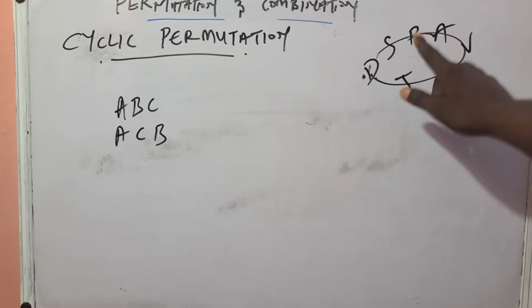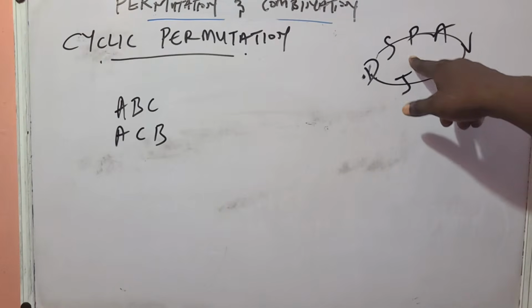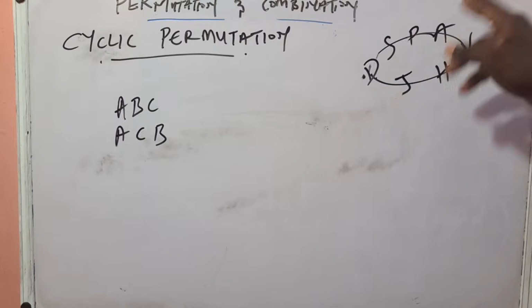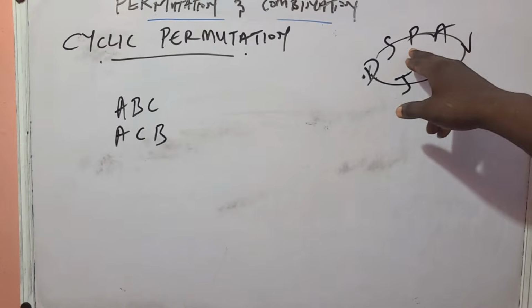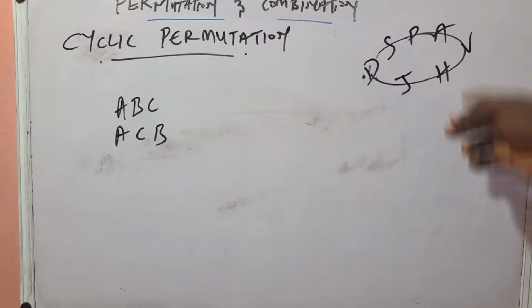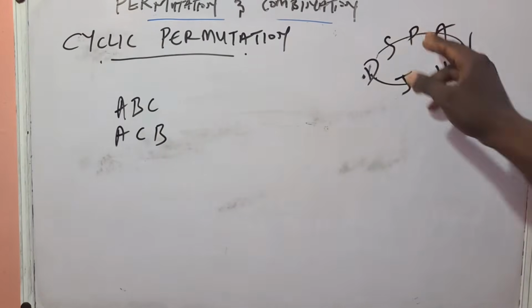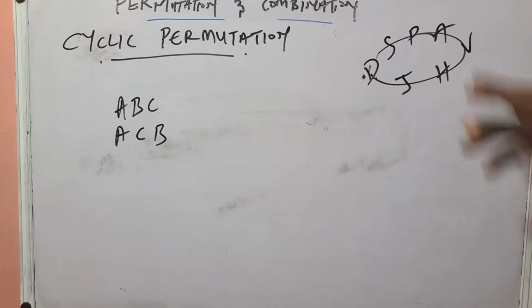You can't say Peter, or Purity, is the starting point. You can't say Adebola is the starting point, because they are all on a round table. There is no order here. There's no first. So you don't seem to know where the starting point is here.